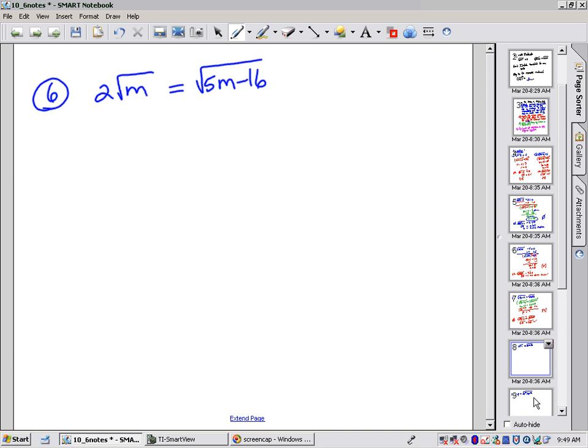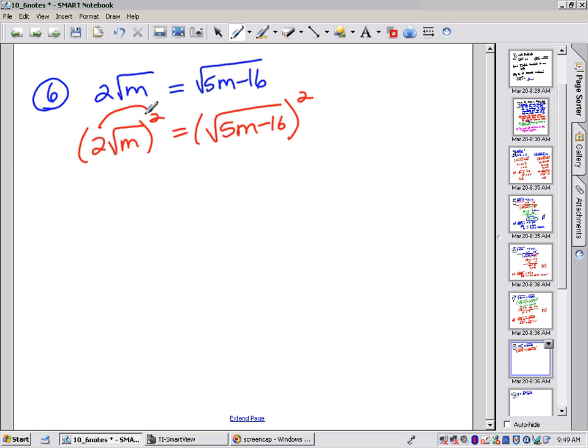Another one with two radicals. Again, this is considered to be isolated because we have a multiplication here. So we would square both sides. And on the left, you have to remember that when you're squaring a product, you have to square each of the factors inside. So we'd have to square the 2 to get 4.